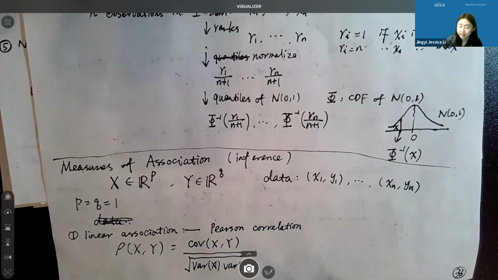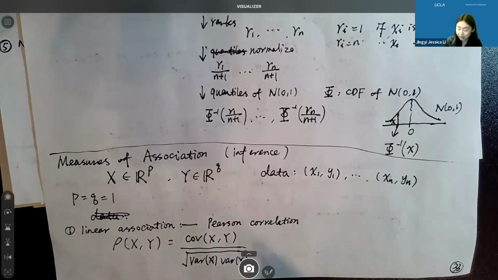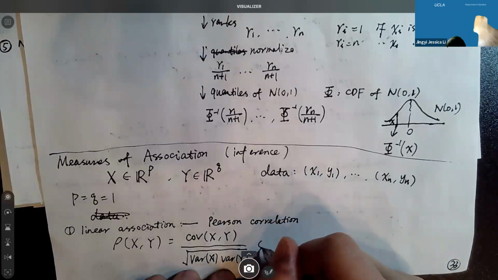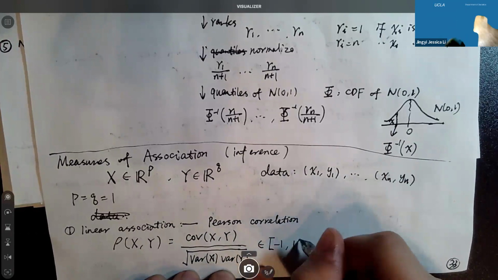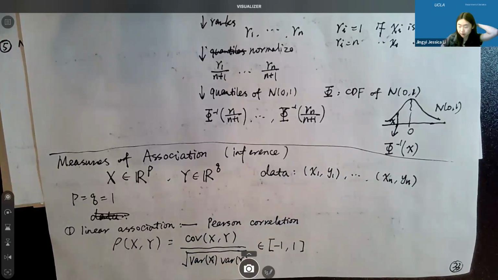This definition is ensured by the Cauchy-Schwarz inequality, which guarantees that the square of the covariance is less than or equal to the product of the two variances. So the Pearson correlation lies in the interval from -1 to +1. That's the population quantity we want to estimate.